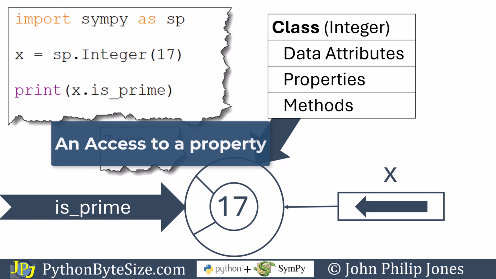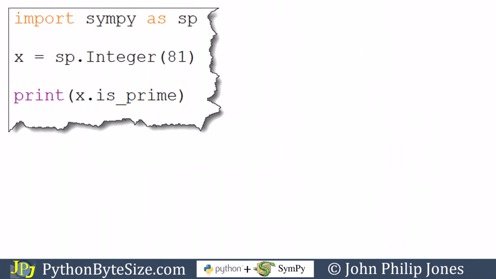Let's now go on to the next slide to look at the other program that we introduced at the beginning of this video. Well, it's almost the same, except here you can see I've put 81 and not 17. So we're going to get an integer that holds 81, not an integer that holds 17.